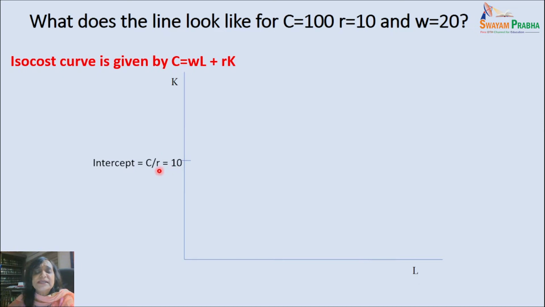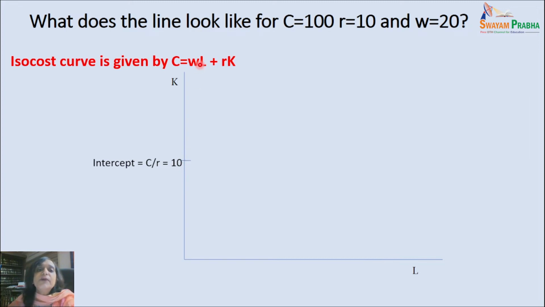Now, if you are saying that I am not spending anything on labor, I am not hiring any amount of labor, this means my cost of labor will become zero. Only thing which I am taking is capital. So this point of intercept, that is C divided by R, total cost divided by the price of capital, will give you the intercept on the K or the y-axis.